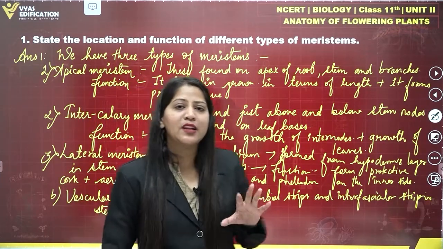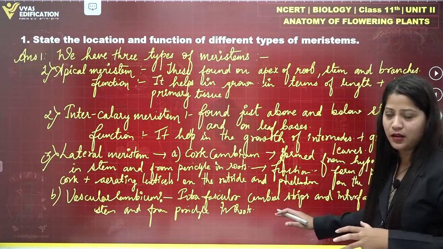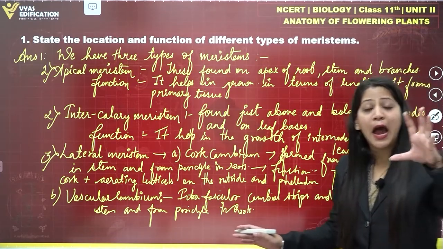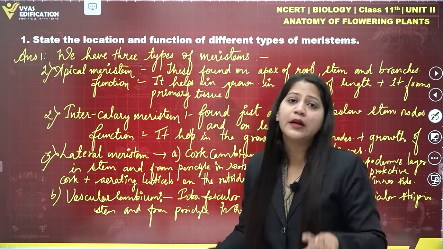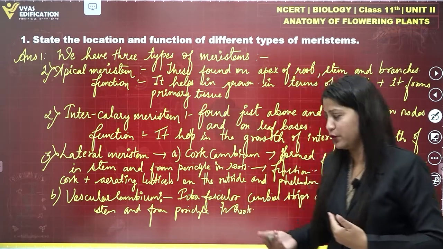Parenchymatous tissue as well as pericycle in roots. So this is formed from tissues such as intrafascicular cambial strips and interfascicular cambial strips in stems, and in root it develops from pericycle region.